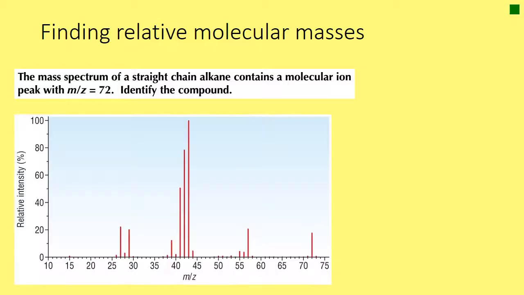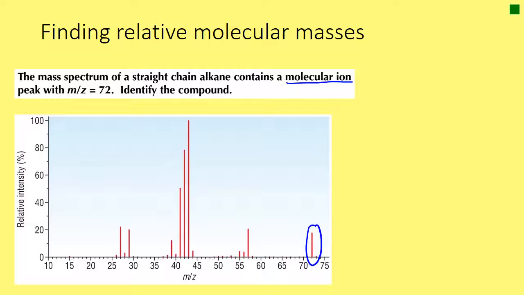So here might be that spectrum, and the m/z is the x-axis along the bottom, and you can see a bunch of lines that have different relative intensities at various values of m/z. So what we want to do to identify the molecular ion is to find the peak with the largest m/z value, and that in this case is this one here.